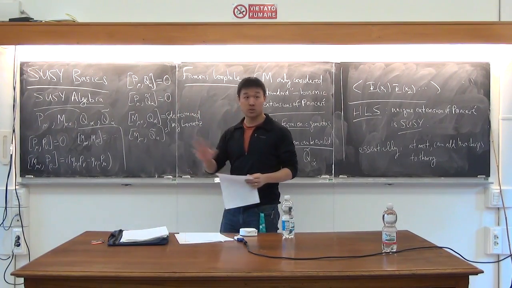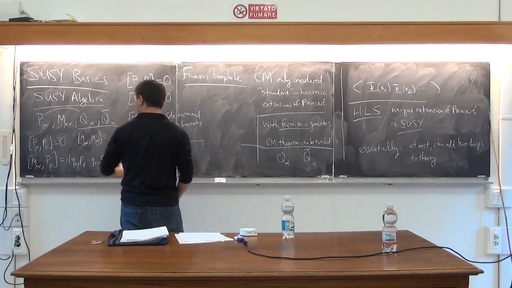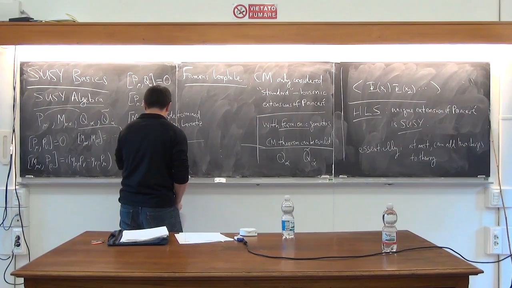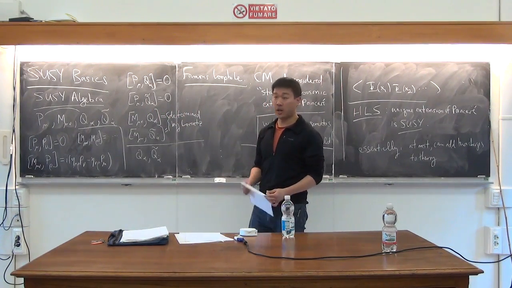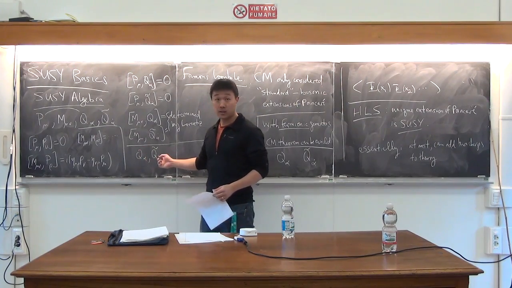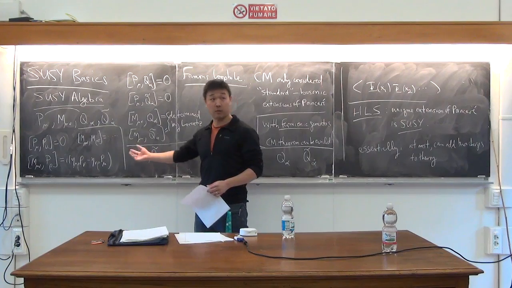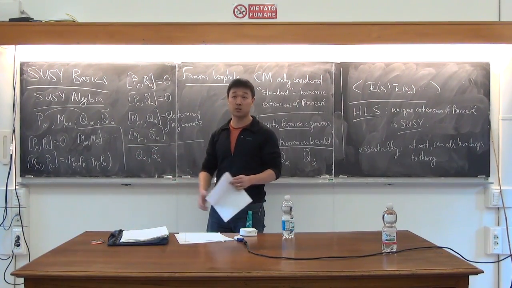Okay, that leaves us with just a couple more things that we have to worry about. One of them is Q alpha with Q alpha dot. But here's where something interesting happens. These are fermionic. It doesn't make sense to make commutation relations for fermions, as we know from, say, quantizing the Dirac field.